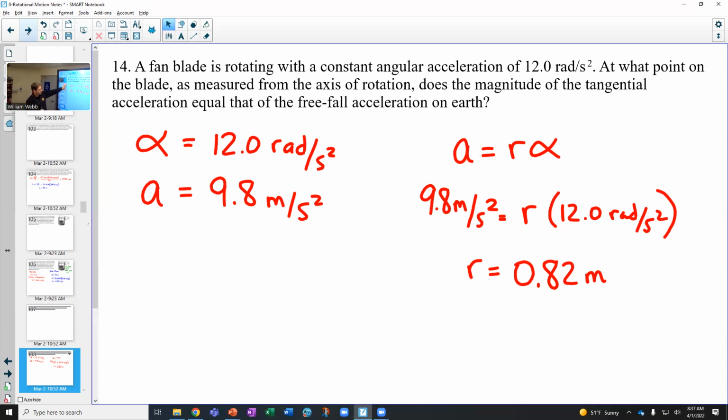So I recognize, if I'm comparing two different accelerations, one's angular and one's linear, they relate by the radius. So the linear equals the radius times the angular, and so I just solved for the radius. So that is 14. Any questions on rotational kinematics problems?